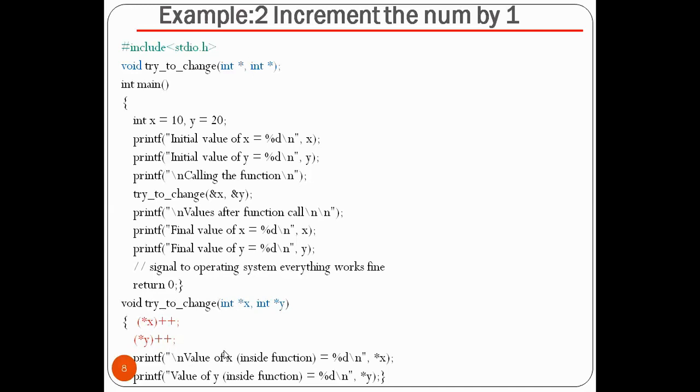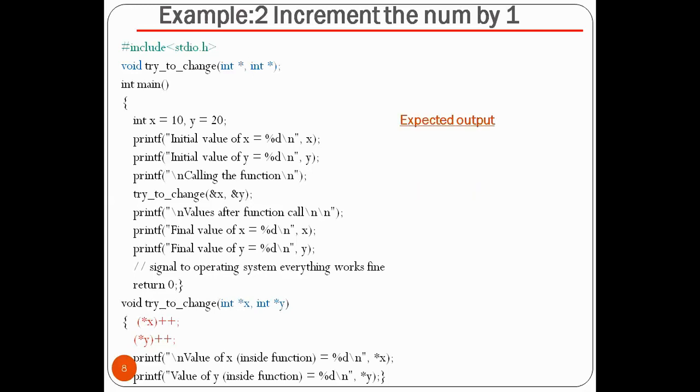So when we print inside the function, we will print the value of x inside the function and the value of y inside the function. What will be the value of x and y? And after this, the control will go back over here. It is printing the same values as these two, because it is the final value of x and the final value of y. Let us see what will be the values of x and y before and after calling the function.